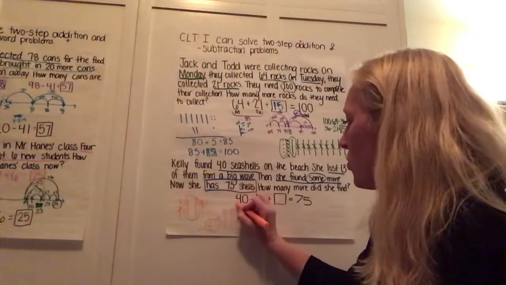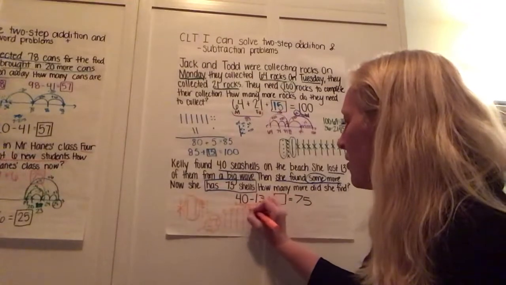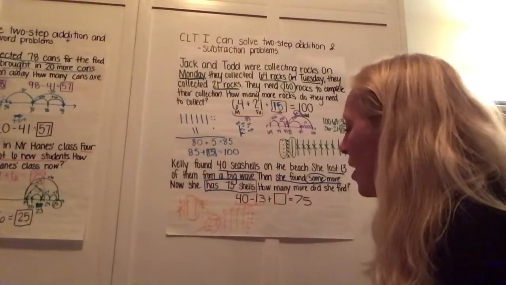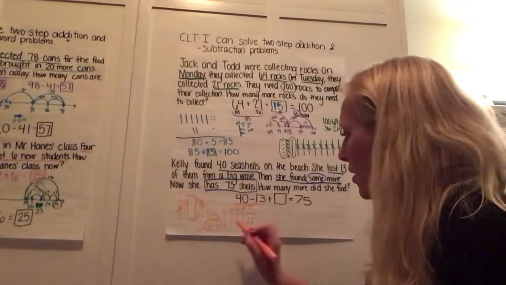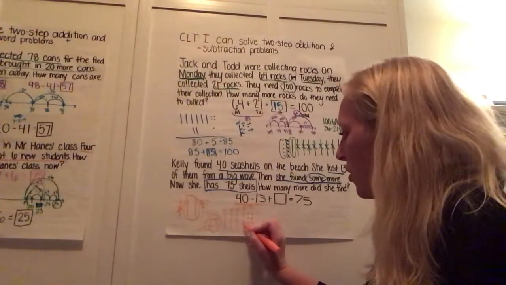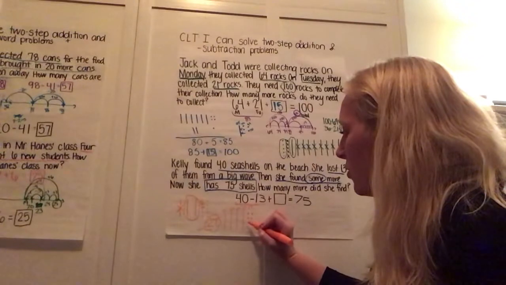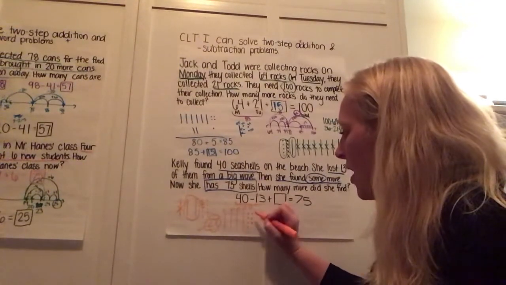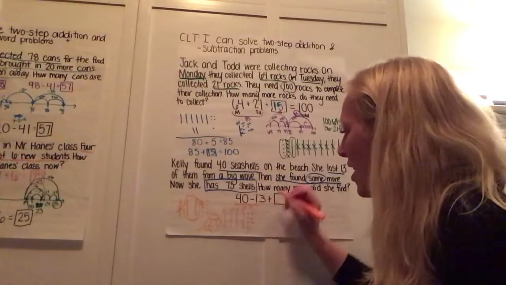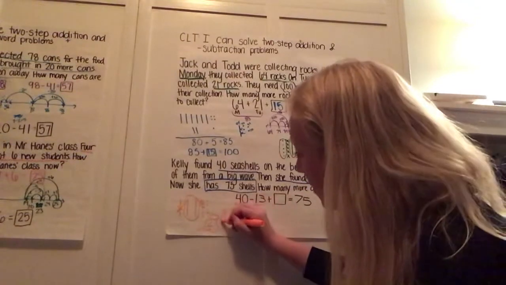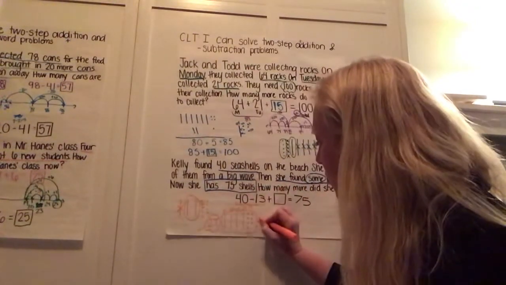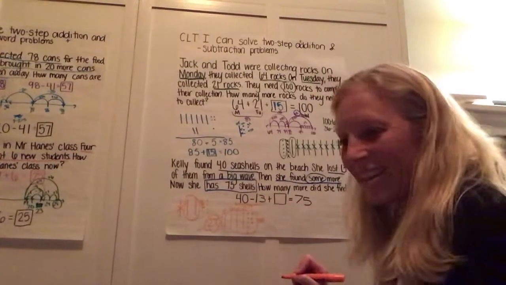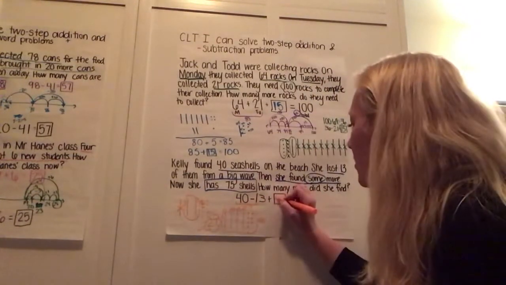So if this was 27, then how many did you add to get to 75? 10, 20, 30, 40, 41, 42, 43, 44, 45, 46, 47, 48. You're skip counting, but then you're finding out how many you drew, which was 48. 4 tens and 8 ones.